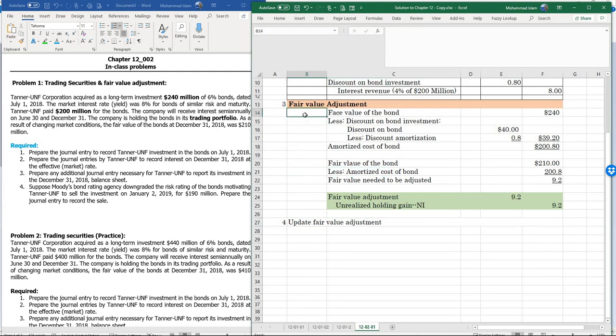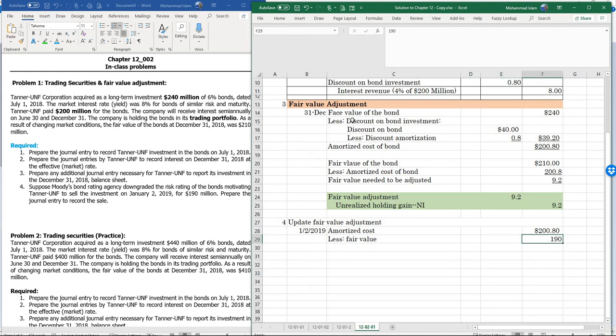The earlier entry was on December 31st, and this one is on January 2, 2019. At this time, the amortized cost is 200.8 million, less the fair value, which is 190.